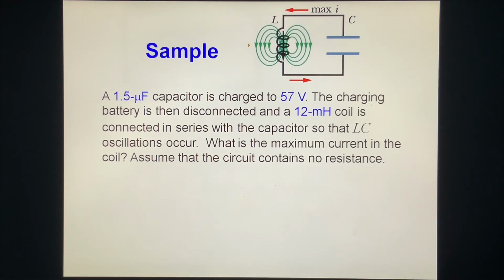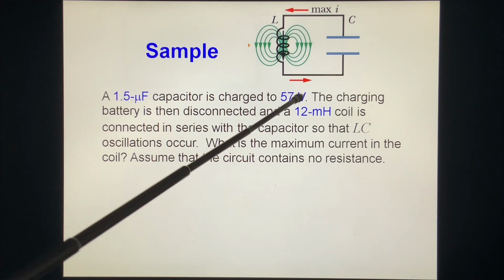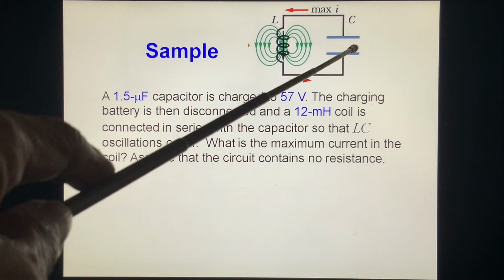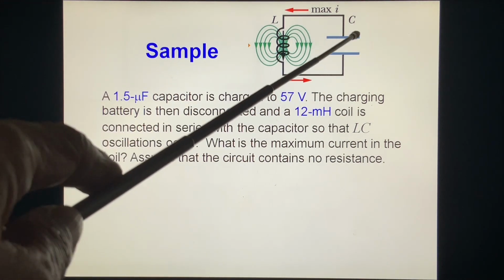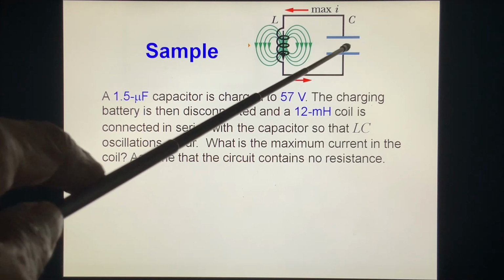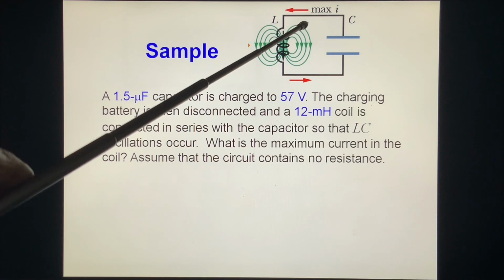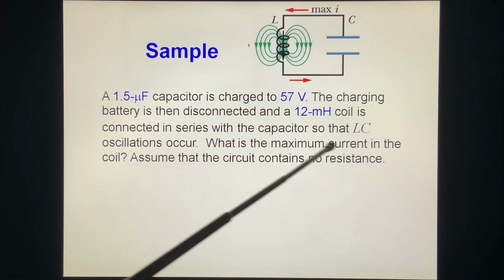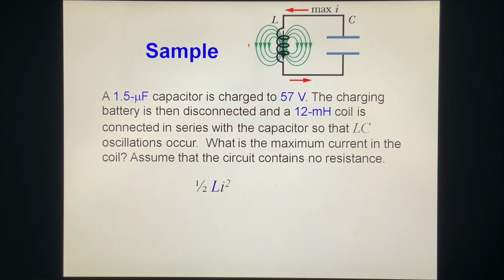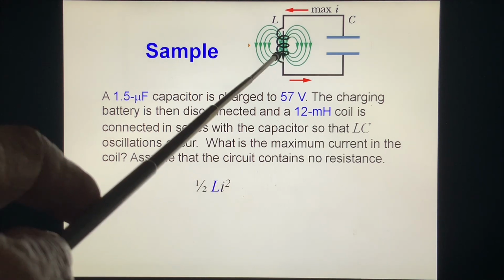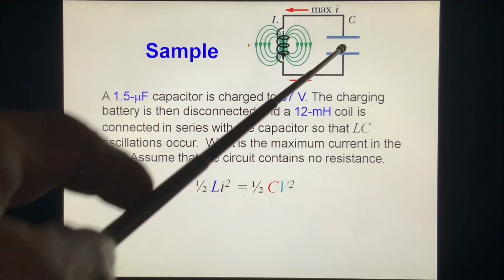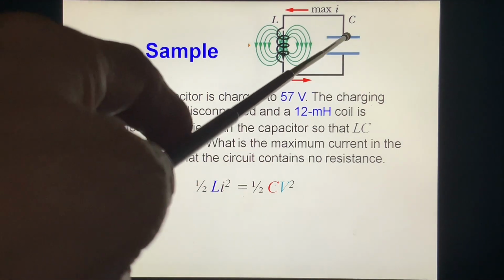Now we saw from energy conservation, when the capacitor is at 57 volts, all the energy is there, and when all the energy moves to the coil, we get the maximum current. This is what we have to find, the maximum current. This is the energy stored in the magnetic field in the coil, and this is the energy stored in the capacitor.